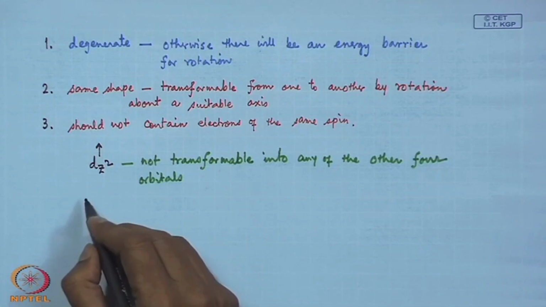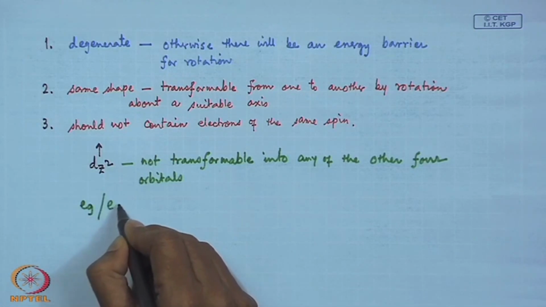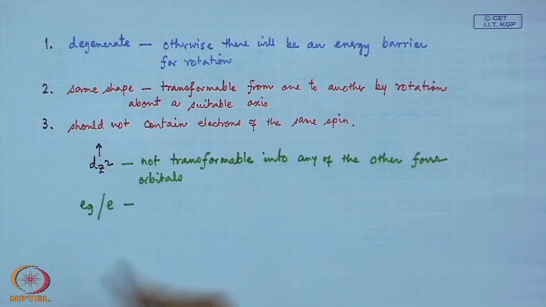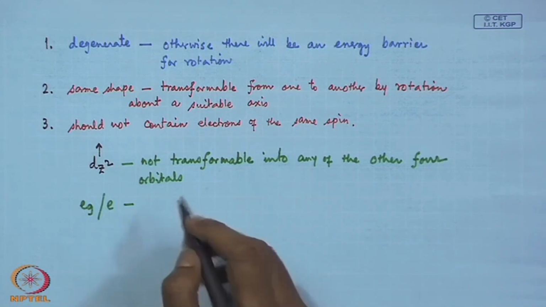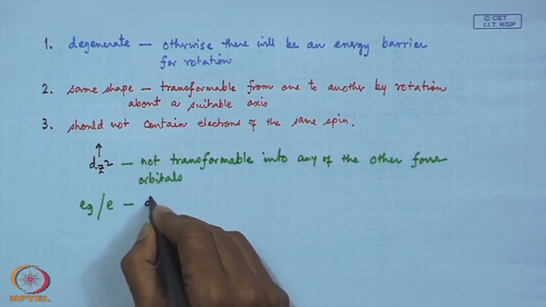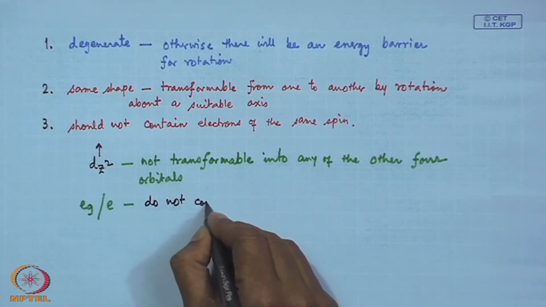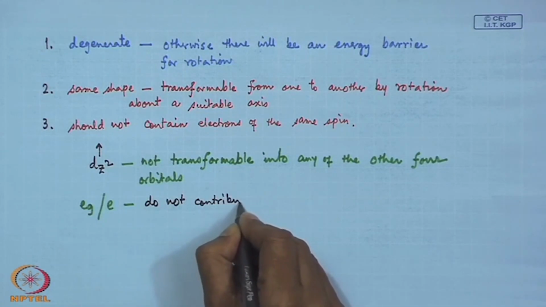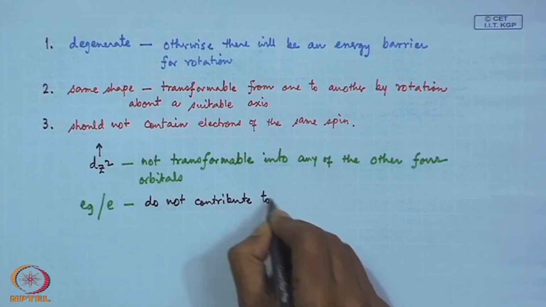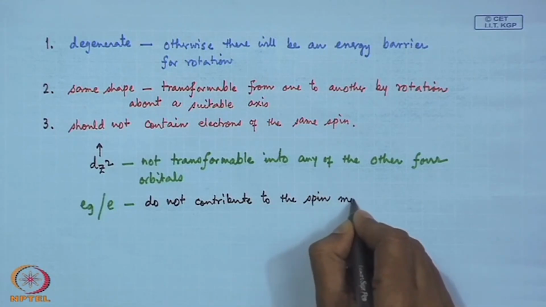So, if we have electrons in the eg level or e level, when the electrons are present in the eg or the e level, they do not contribute to the spin moment.